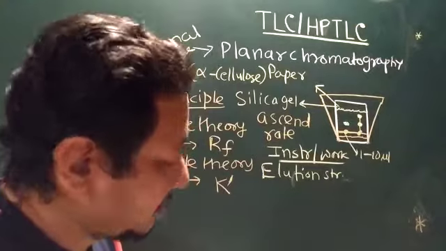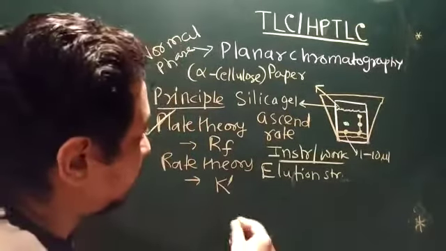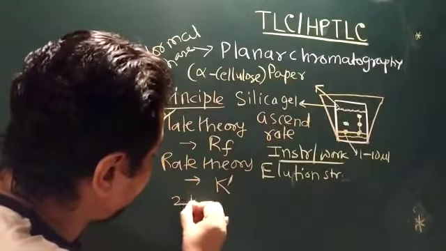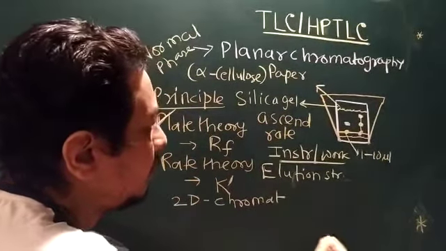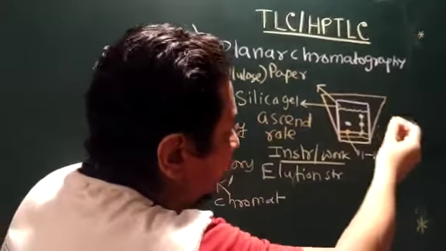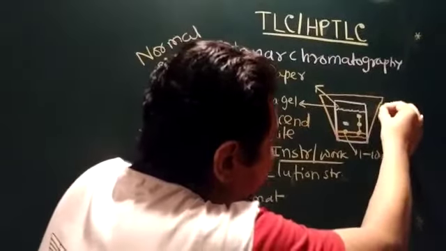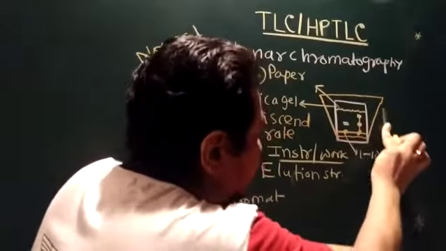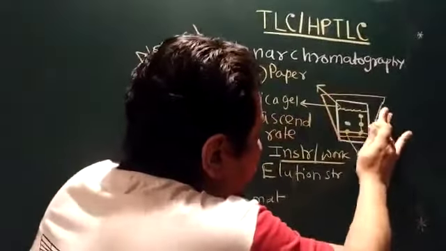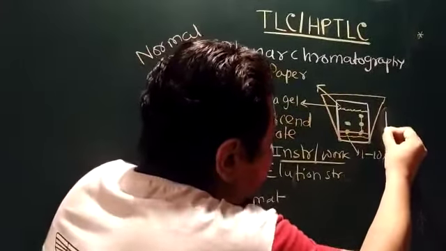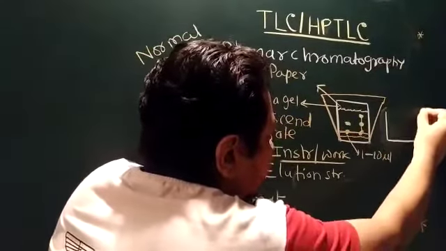And there are different types of technique to separate. That is, one we use two-dimensional chromatography, 2D chromatography. So what is 2D chromatography? Once we develop this plate like this, we rotate it again by a 90-degree angle. Means I rotate the chromatographic plate by 90 degrees.